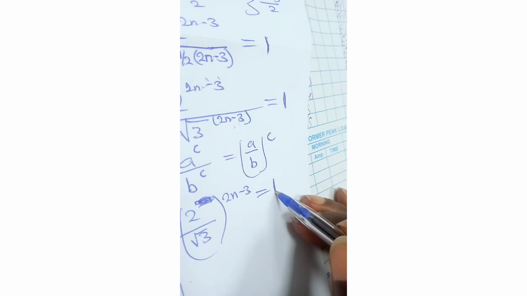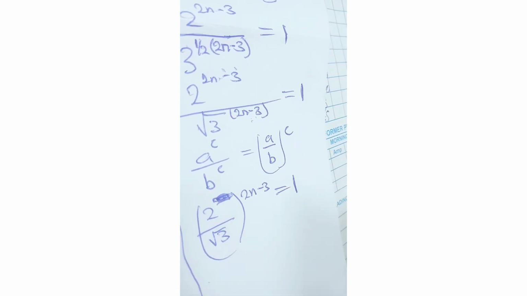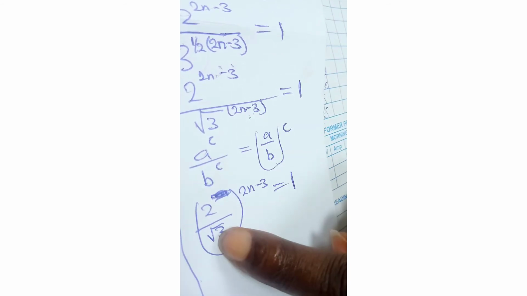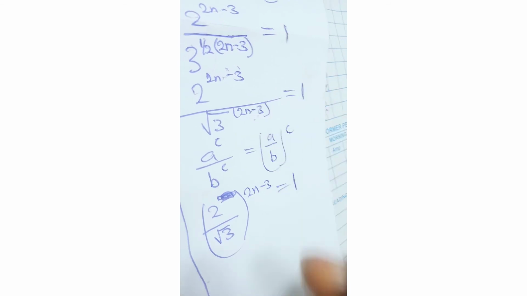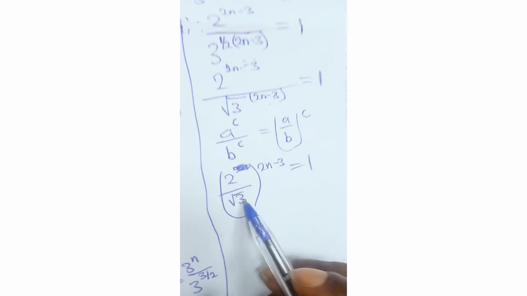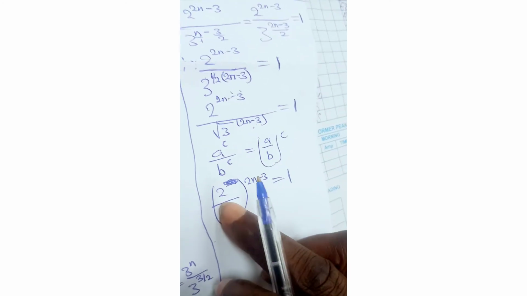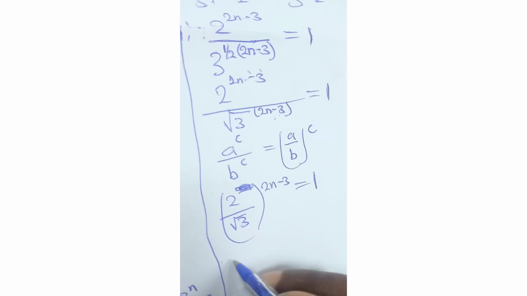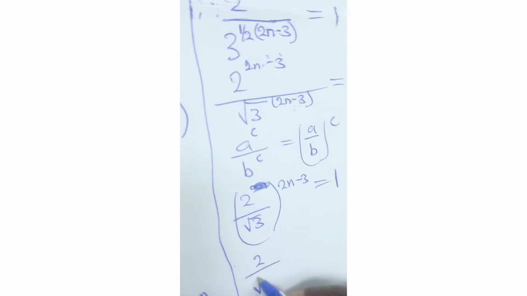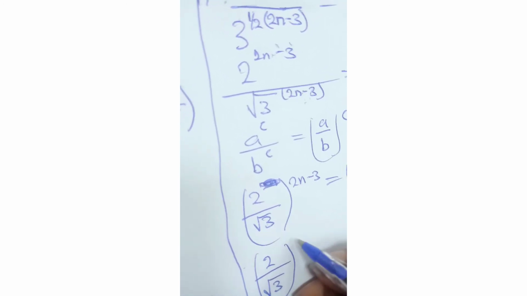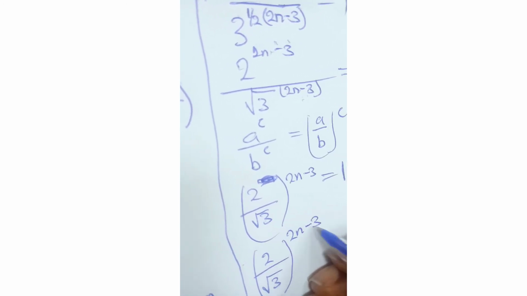Now, if this is equal to 1, all you need to do is to ensure that the base here is the same as the base here. So all I just need to do is rewrite what I have here. That is, 2 over root 3 all raised to power 2n minus 3 is the same thing.